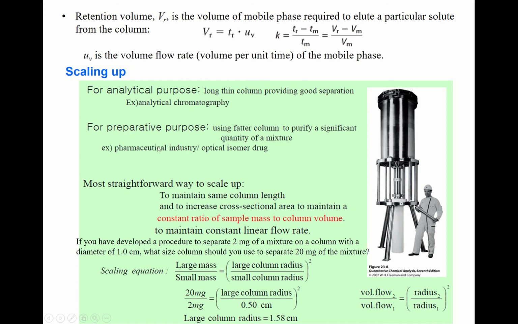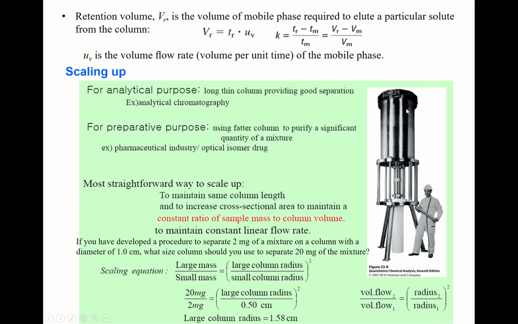So the preparative purpose is using a large column to purify a significant quantity of a mixture. Look at this figure. You see this column is my chromatographic column, and this is a man who is working on this instrument.